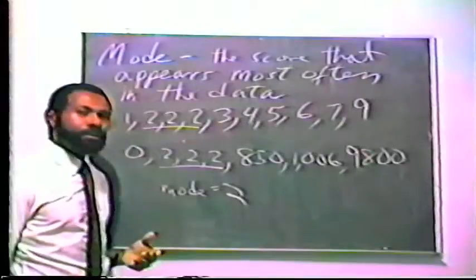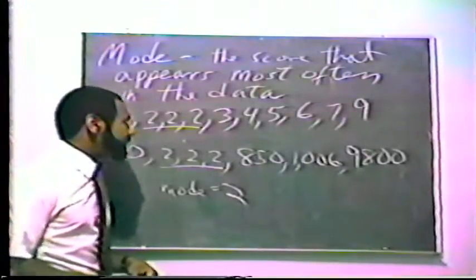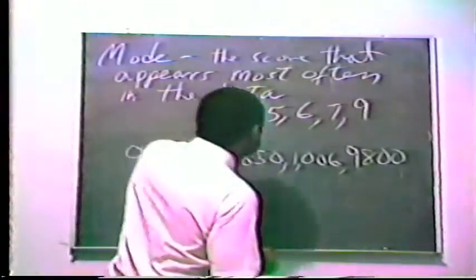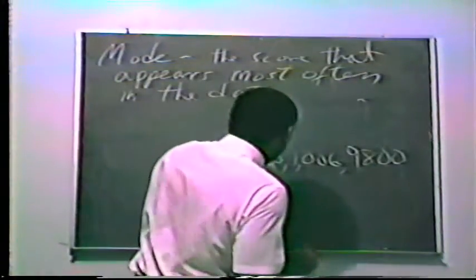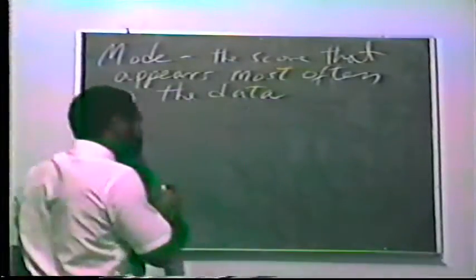And the same thing with the median. The median can be very misleading. I could have 2 data sets that are very different, and they could have the same median.